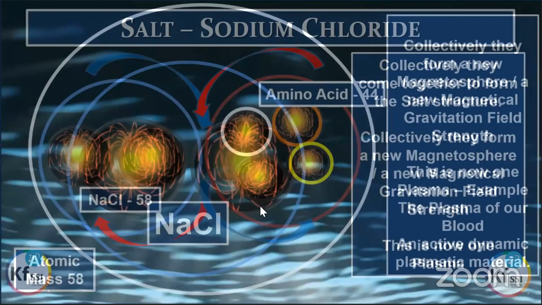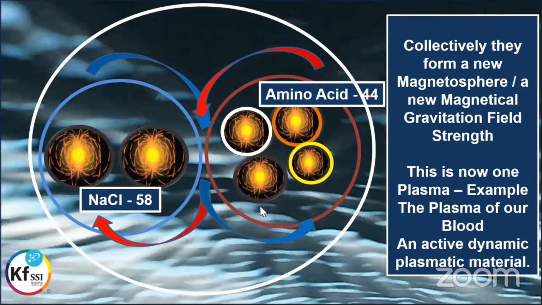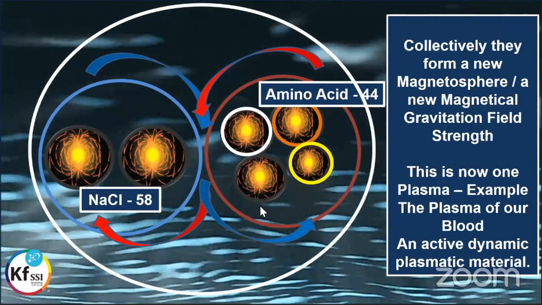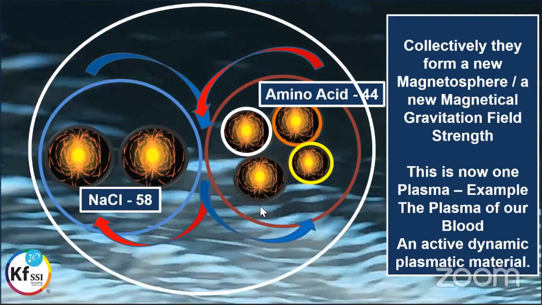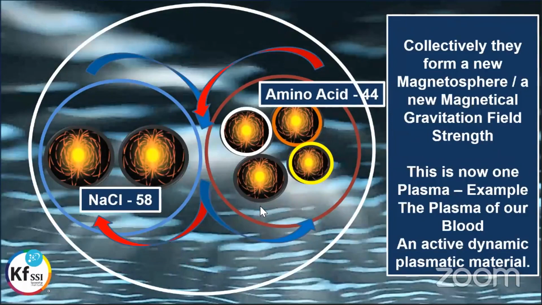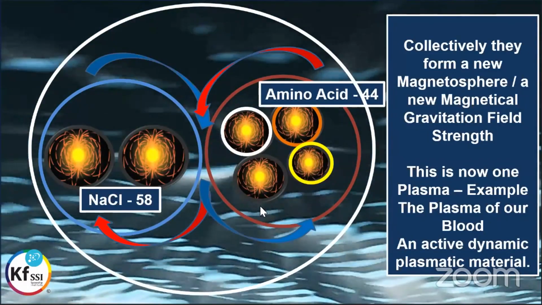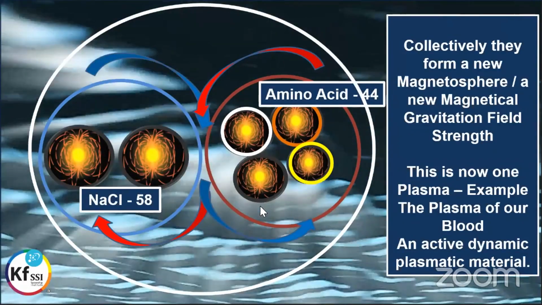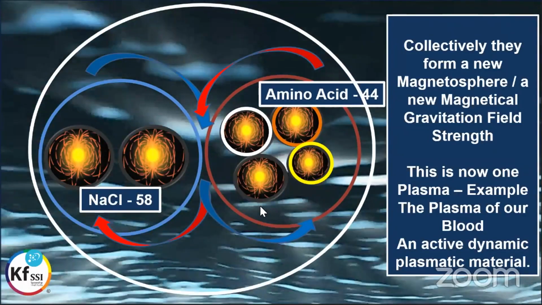So now when we look at that collectively, we've got our amino acid and we've got the salt that we have in our amino acid, and collectively they will form a new magnetosphere, a new gravitational field strength. And this is now one plasma. For example, this could be the plasma of our blood in combination with the iron, or the plasma of the blood of the plants in combination with magnesium.